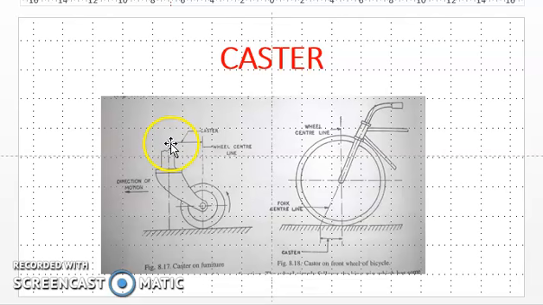This is the wheel, this is the direction of motion, and if you draw the axis of the steering, it comes to the back side of the wheel, or the back side of the vertical axis. Then it is called negative caster. It requires more force to go forward.